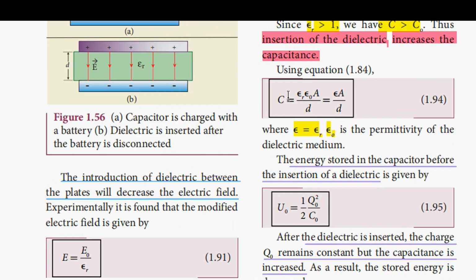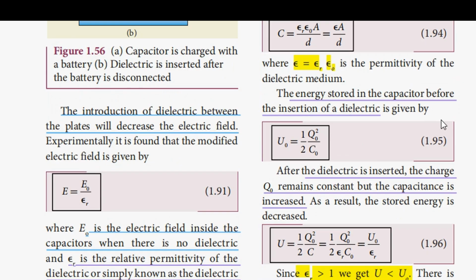So using the equation C equal to epsilon A by d, where epsilon is given by epsilon r times epsilon naught, this is the permittivity of the dielectric medium. The energy stored in the capacitor before the insertion of the dielectric is given by U0 equal to half Q0 squared by C0. After the dielectric is inserted, the charge Q0 remains constant, but the capacitance is increased.